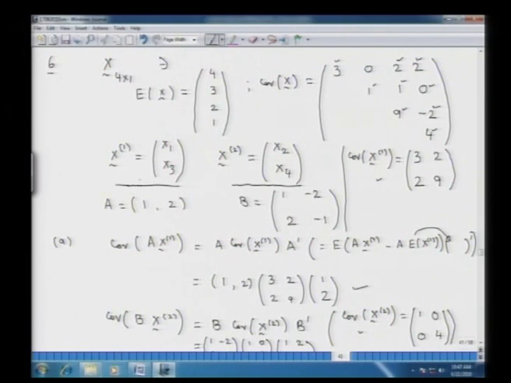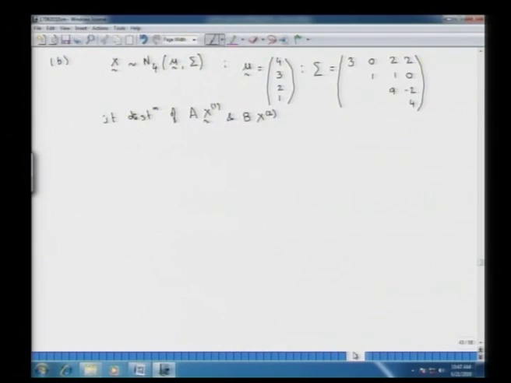Accordingly, the covariance matrix of the X1 subvector was given by this 3 2 2 9 matrix, and the covariance matrix of the X2 subvector, derived from the covariance matrix of X, was given by this 1 0 0 4. So this is what we have.